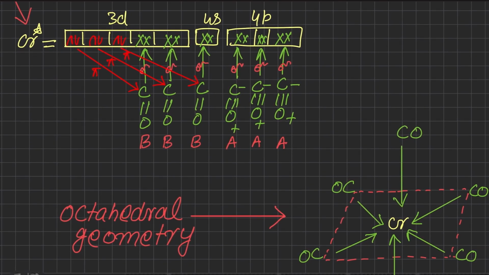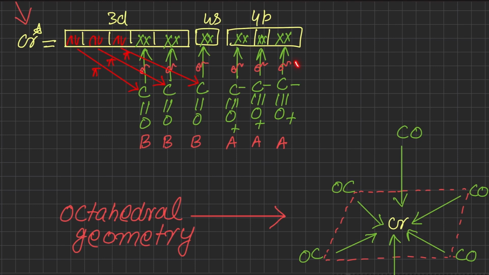So if we ignore the concept of hybridization, we see here that there are 6 carbonyls that have been attached to the chromium. Now the green electrons with crosses are purely of carbonyl that have been donated, and we know very well from the previous lecture that this lone pair donated by carbonyl is present in the sp orbital of carbon.